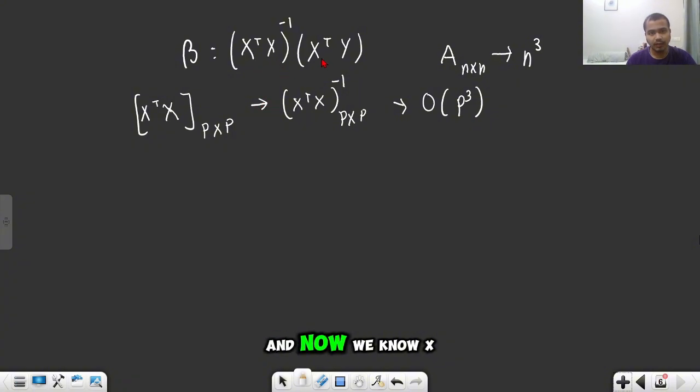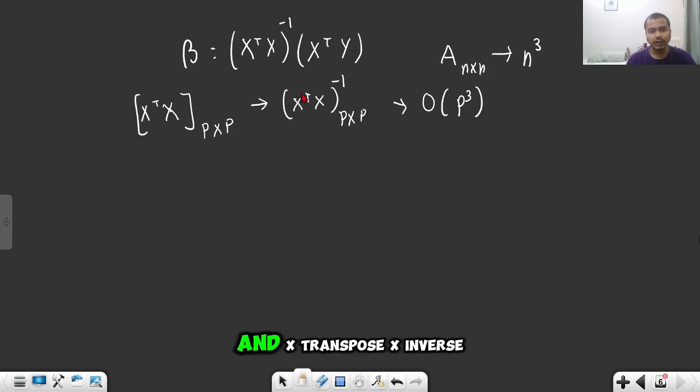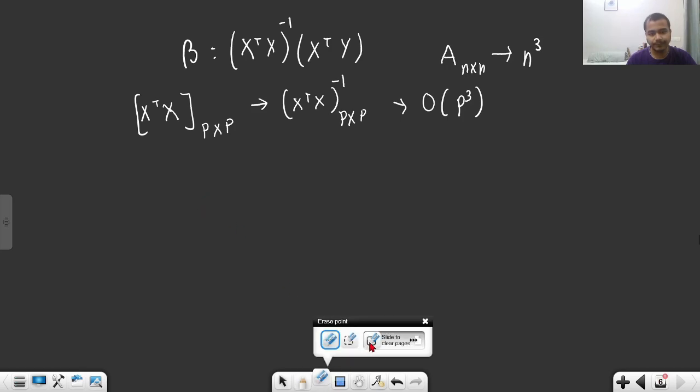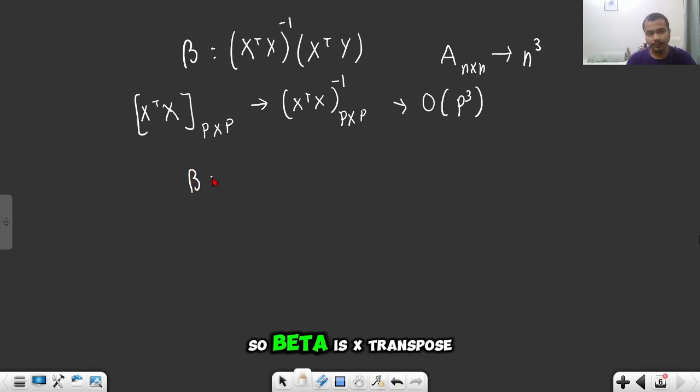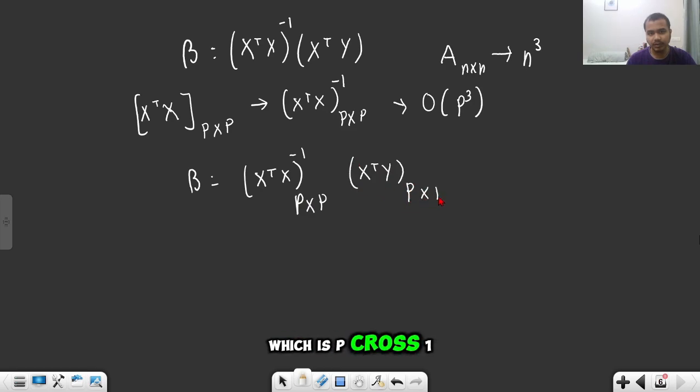And now we know X transpose Y is of order p cross 1 and X transpose X inverse is p cross p. So beta is X transpose X inverse, which is p cross p, times X transpose Y, which is p cross 1.